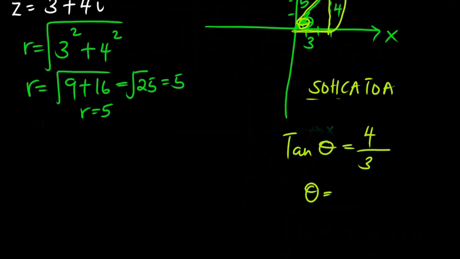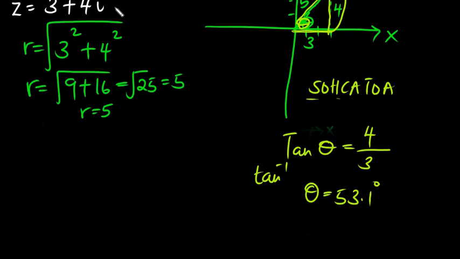The value of theta is 53.1 degrees; you just have to find the tan inverse of 4/3. So that is the value of theta. As I said, we use the trigonometric identity tangent to make our work easier.